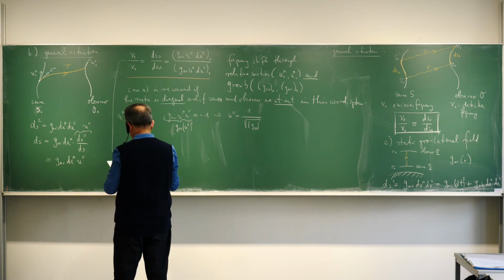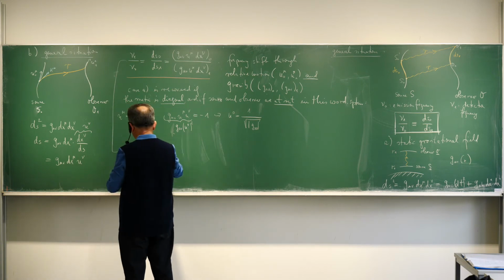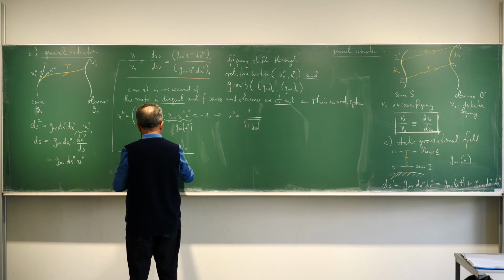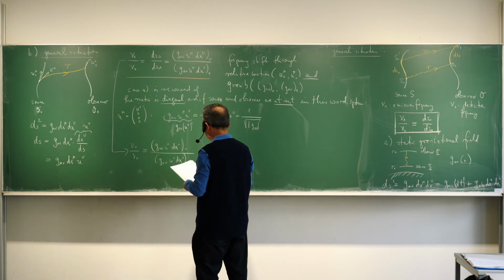And then it's clear from that formula that you will find back our old expression. So nu1 over nu0 is then in this case g00 u0 dx0 at the source over g00 u0 dx0 at a point on the world line 1.